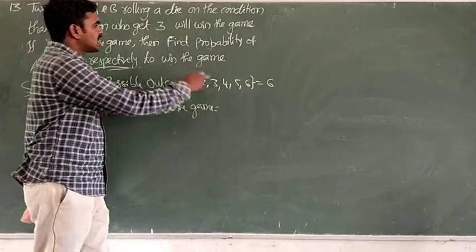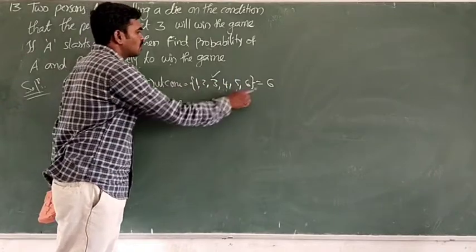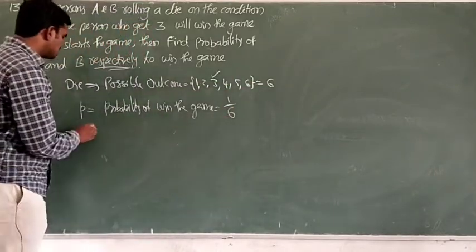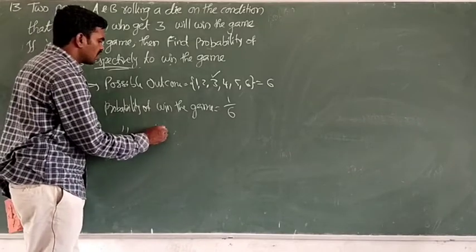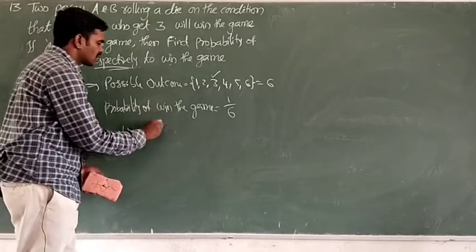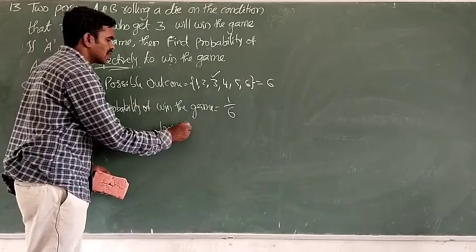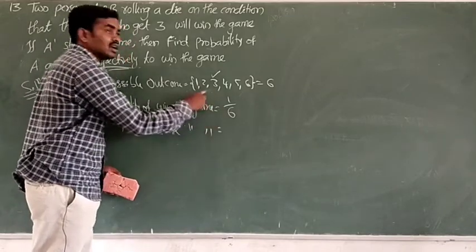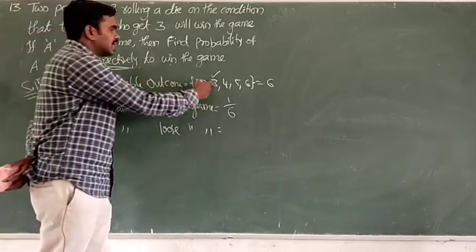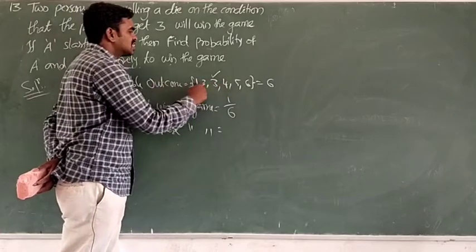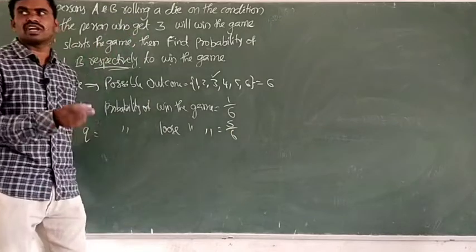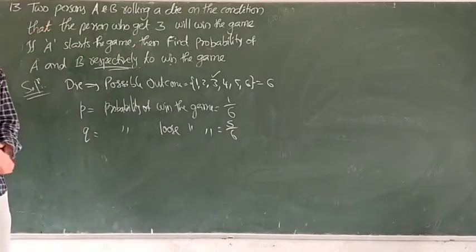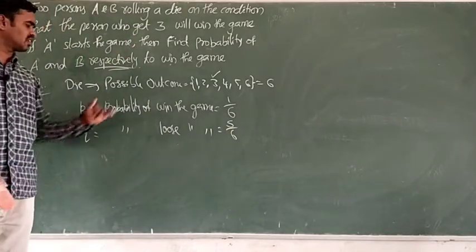How many 3s are there? Only 1. So P is 1 by 6. Similarly, Q is the probability of not winning, losing the game. If you get other than 3, meaning 1, 2, 4, 5, 6, these 5 mean you lose the game. If you get 3, you are the winner. If you do not get 3, you are the loser. So P means win, Q means loss.